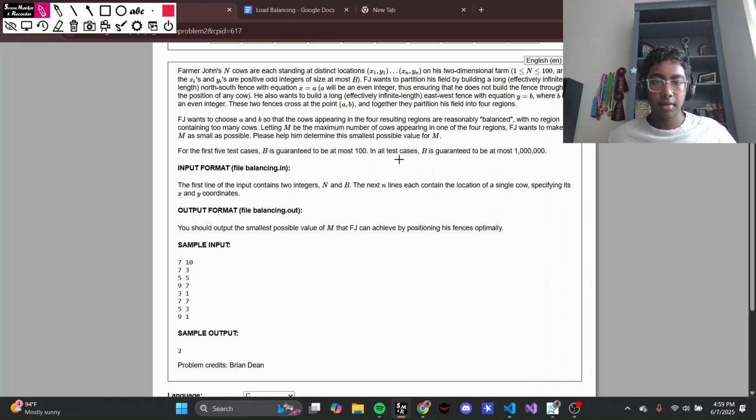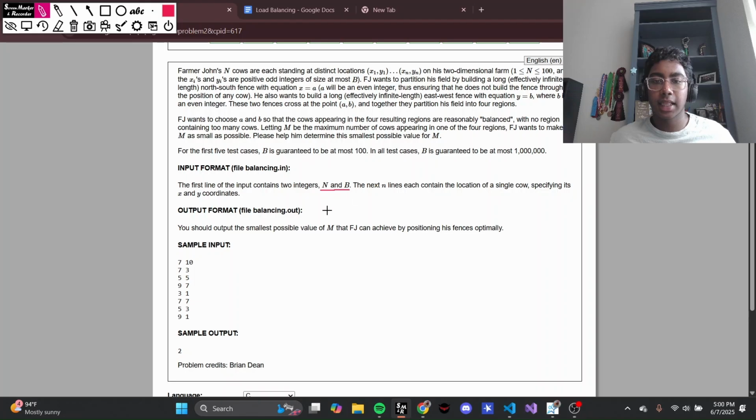For a full accepted submission, B is going to be at most a million, 10 to the sixth, and B is as big as the coordinates are going to get. The first line of input will be N and B, the number of cows and how large the coordinates can get.